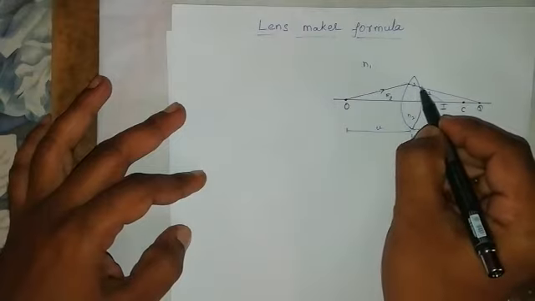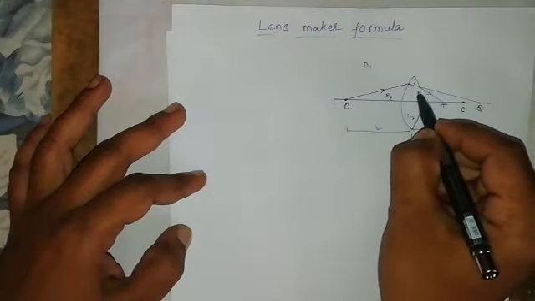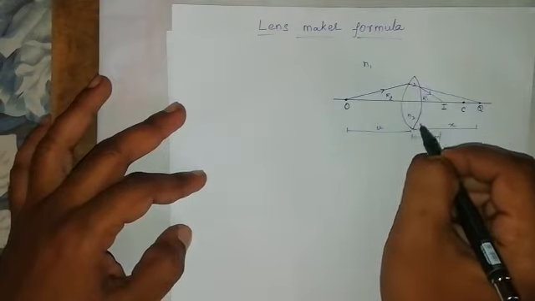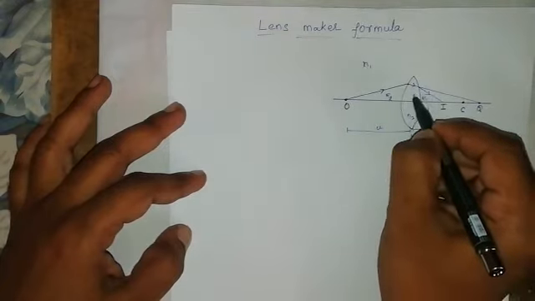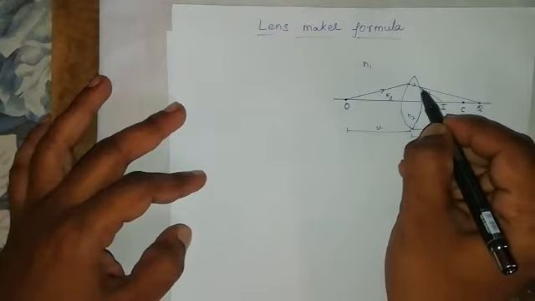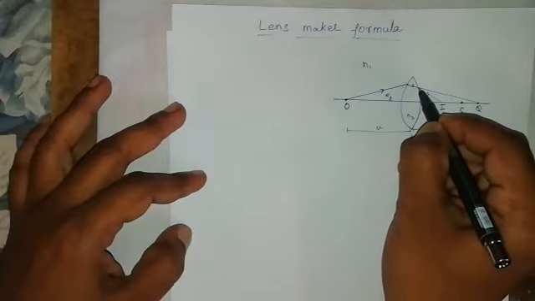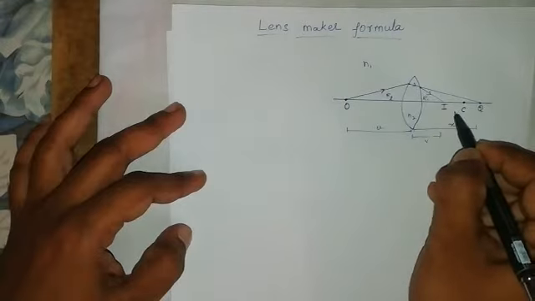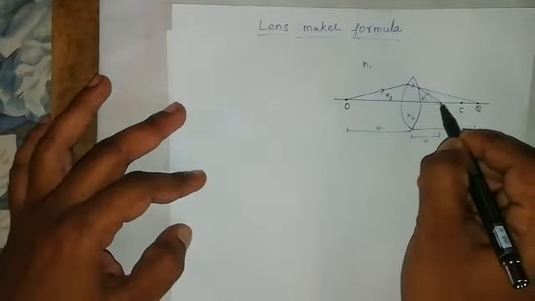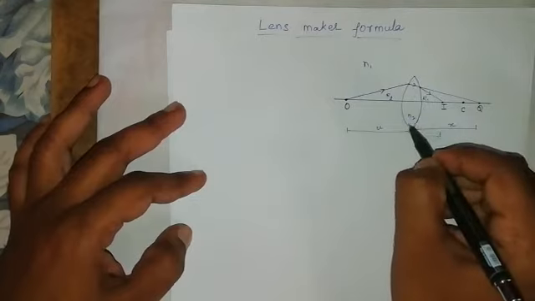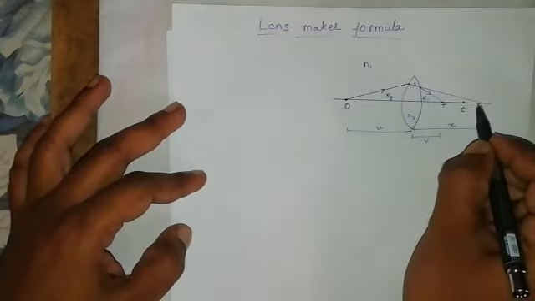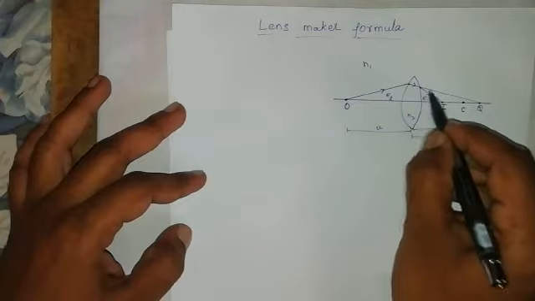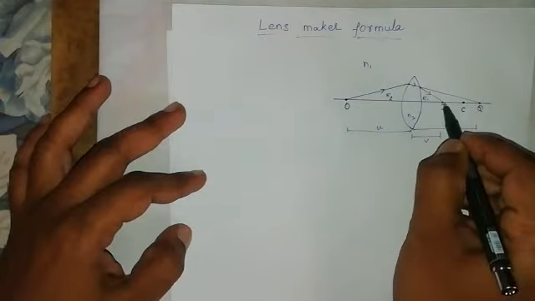Next, when it is coming out, again it undergoes refraction by the second curved surface, from this medium to outside. So it travels from this point to outside, refracting again and reaching this point. So from the first curved surface the image should form at Q, and by the second curved surface, instead of traveling here, it reaches I.